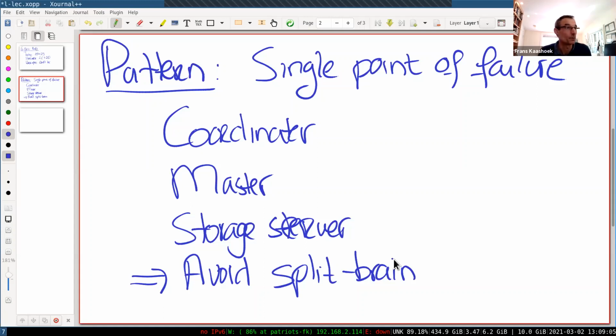But it would be really nice if we didn't even have single points of failure. Basically, we could reduce downtime even further and increase uptime.